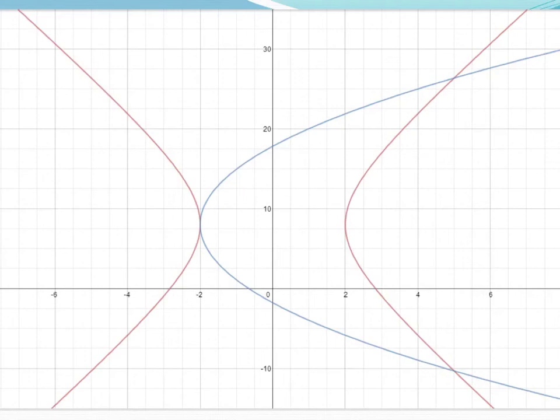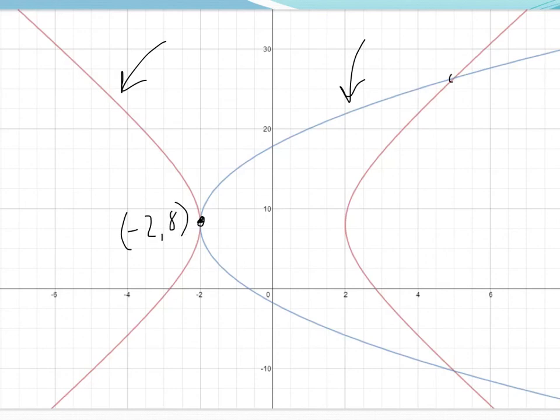Here are the graphs from Desmos of the 2 conic sections. Notice the hyperbola, that's the first equation, and the parabola, that's the second equation that we were dealing with, and the 3 intersection points. One is at the vertex of the parabola and one of the vertices of the hyperbola, negative 2, 8.